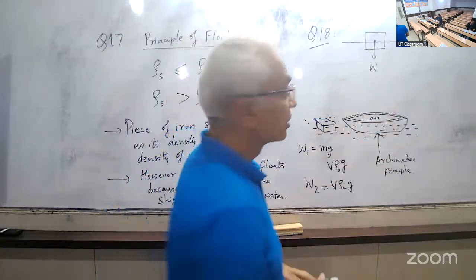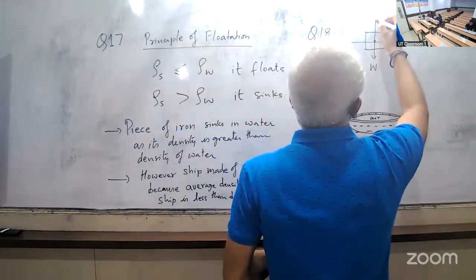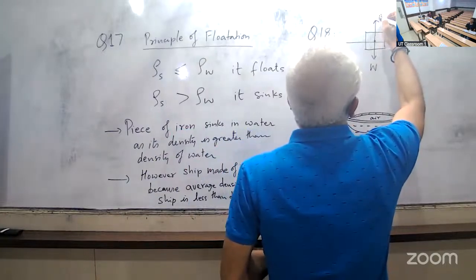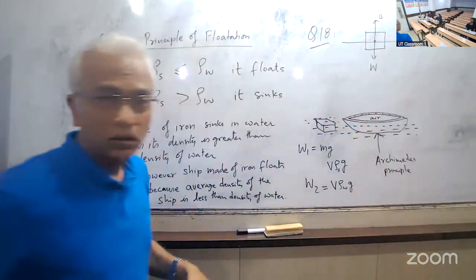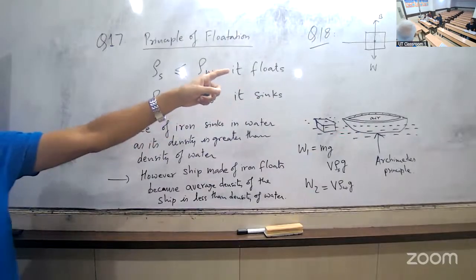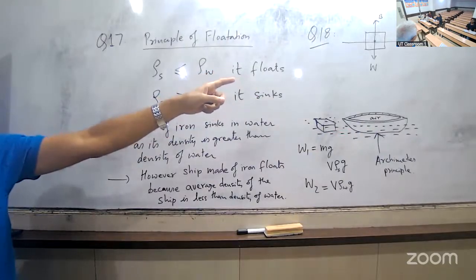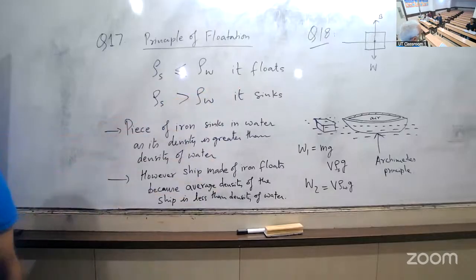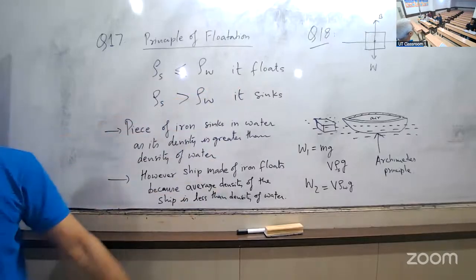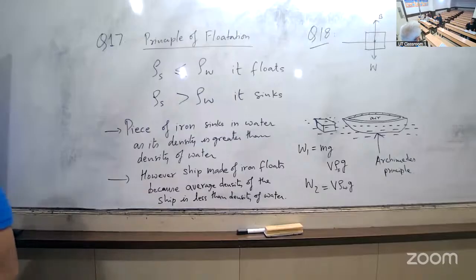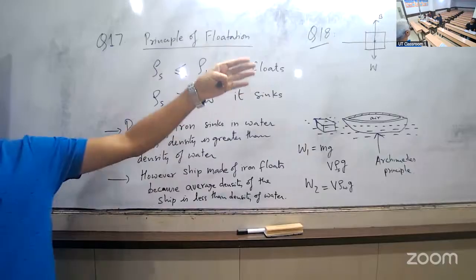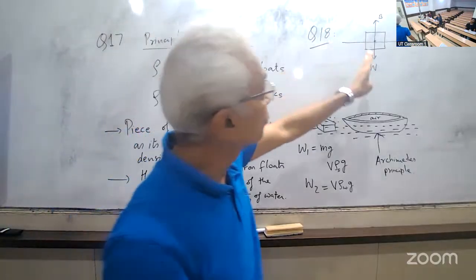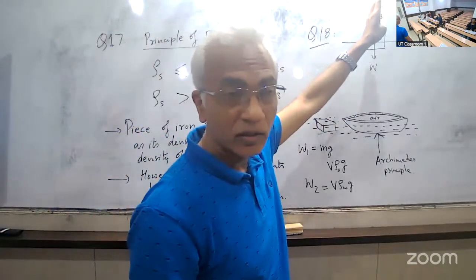Correct? So whatever is the upthrust acting on the body, it is responsible for the floating body. So what is the answer? Net force must be zero, no? Otherwise, whichever side the force is more, the body will move in that direction.